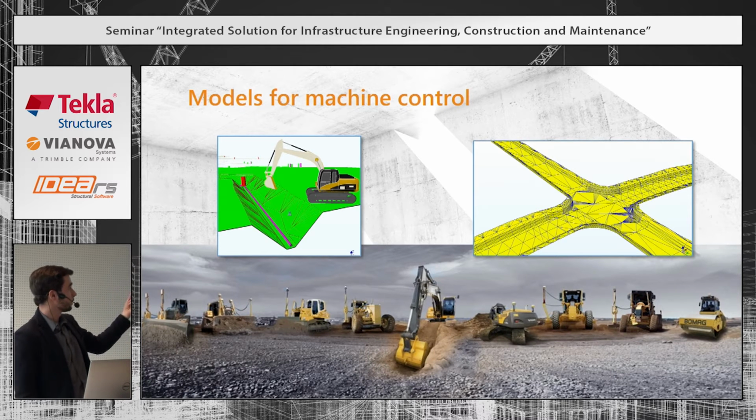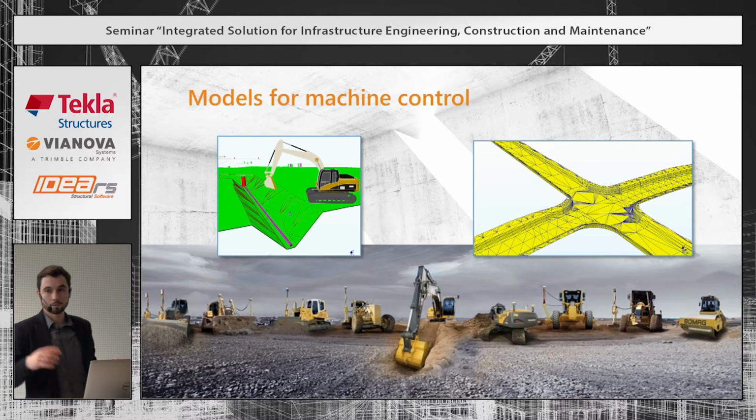And then we feed to the machine the models from the designer. So the guy in the excavator sees the actual surface where he has to go. That's his goal. I think there's a big boom of machine control in Finland, and most of the contractors are using it, and more are coming.